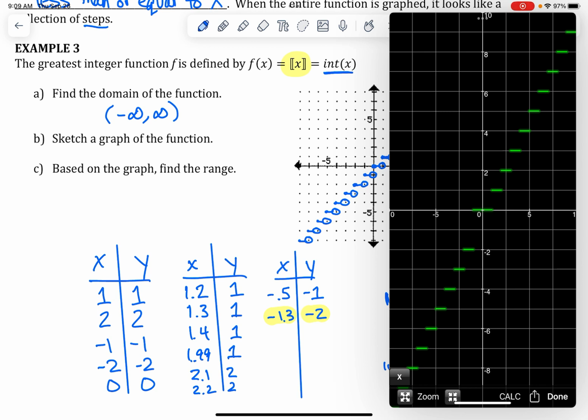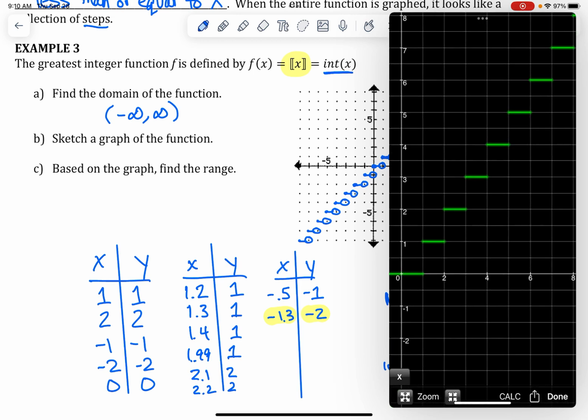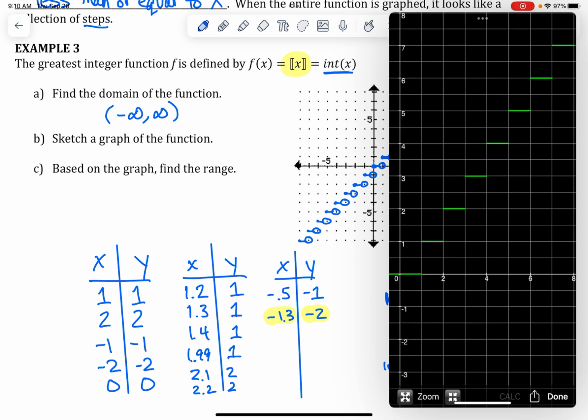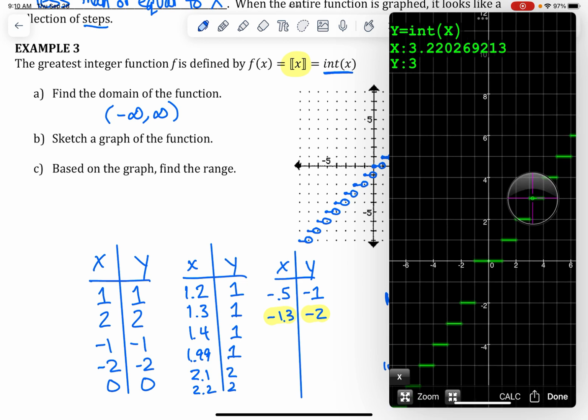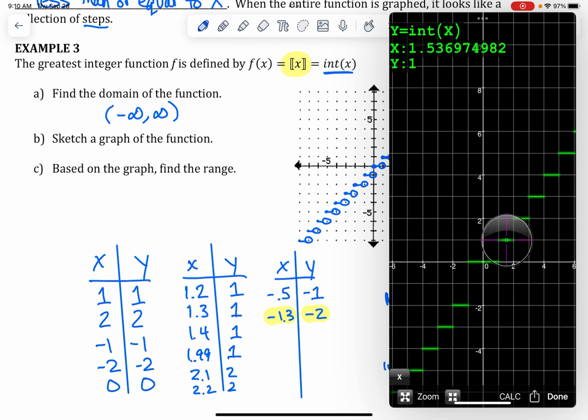Now, an interesting thing about this graph, you see the green lines that show the graph. It looks like at the origin the app makes a mistake because the step breaks its pattern here. If I zoom in, I'm able to touch the graph, and I can't touch anywhere on the graph that's not a function. Like you see in the green, it says x equals 2.28, y is 2. You can do that for each of the steps. As I move the graph to the left, the picture does it a disservice.